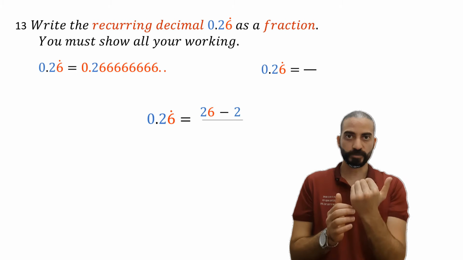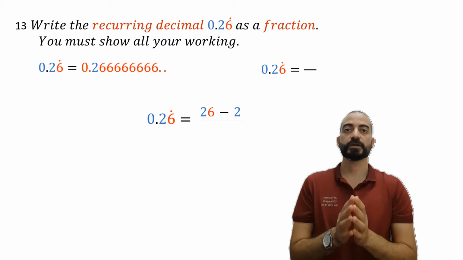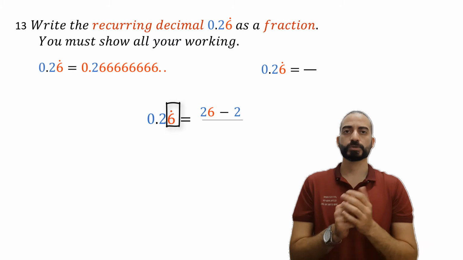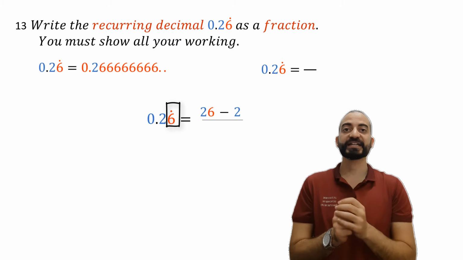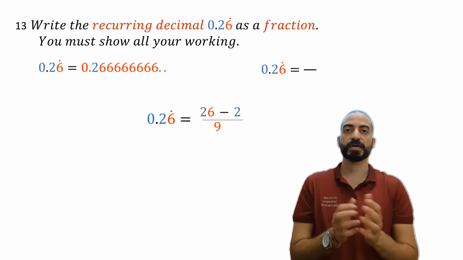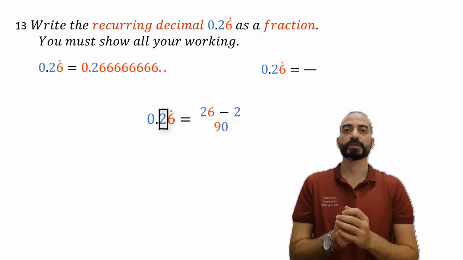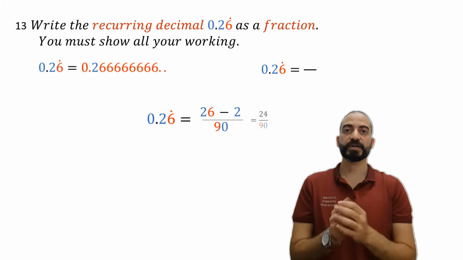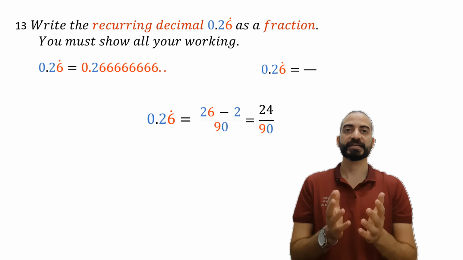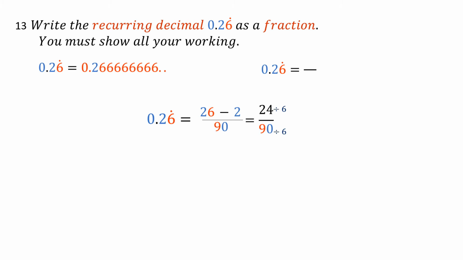Now we come to the denominator. Because we have one recurring number, we write 1, 9. And because we have one non-repeating number, we write 1, 0. Now we can simplify. We finally get this answer.